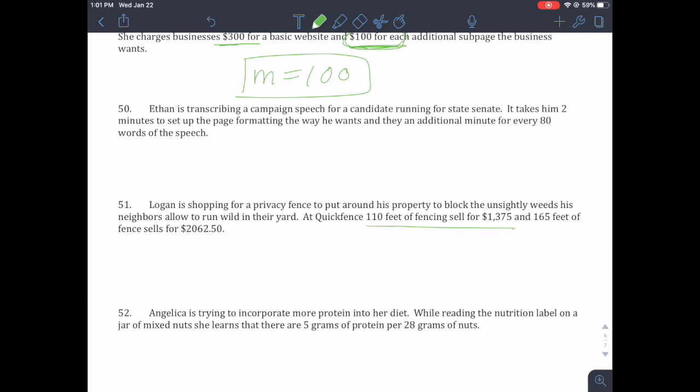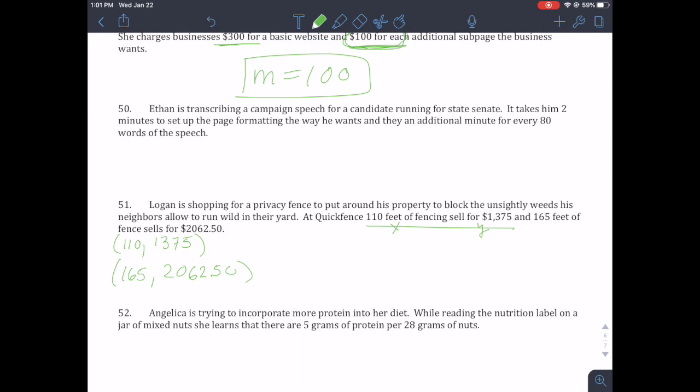If we give our pieces of information variables, let's say feet of fencing is X and money is Y, we could turn this first situation into an ordered pair, 110 with $1,375. And we could turn the second one, 165, comma, $2,062.50 as a second point.